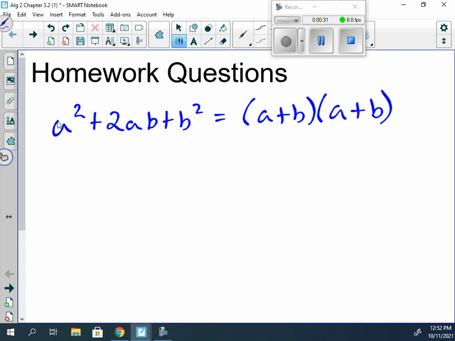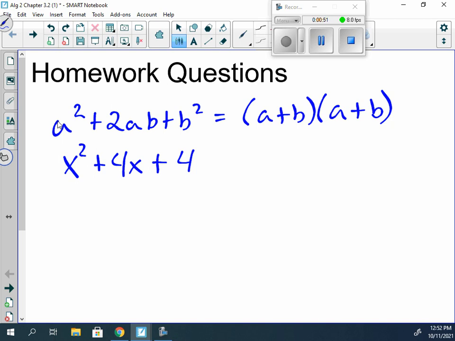So an example of this here would be x squared plus 4x plus 4. This one here would be an example of this special type of factor.